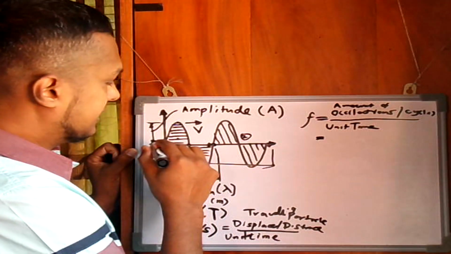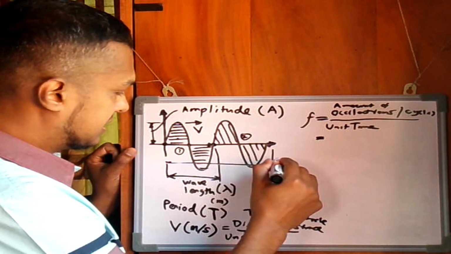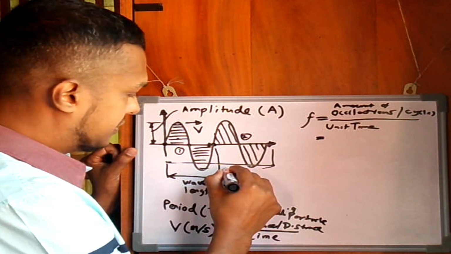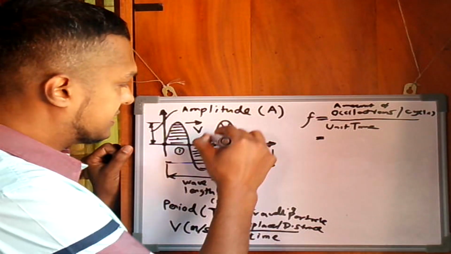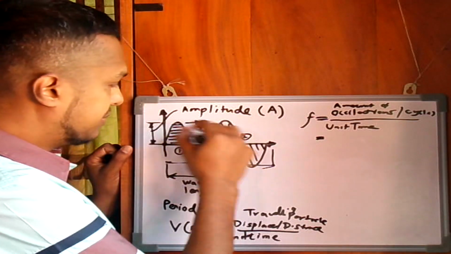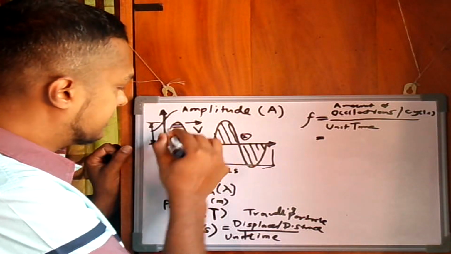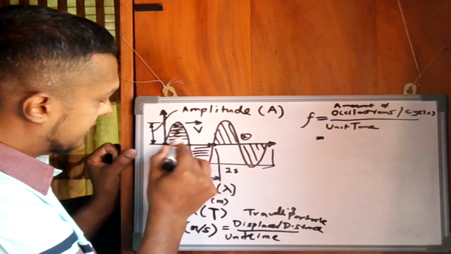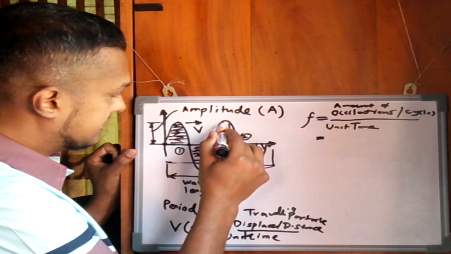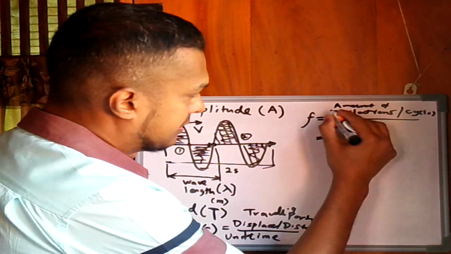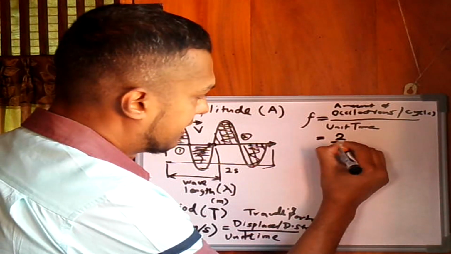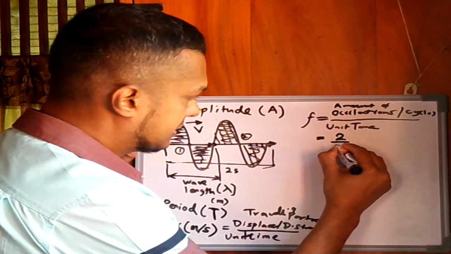So in this case, if we say this is 2 seconds, let's say, and the amount of oscillations that happen in this particular time is, this is one oscillation, and this is the second oscillation. So two oscillations divided by 2 seconds.